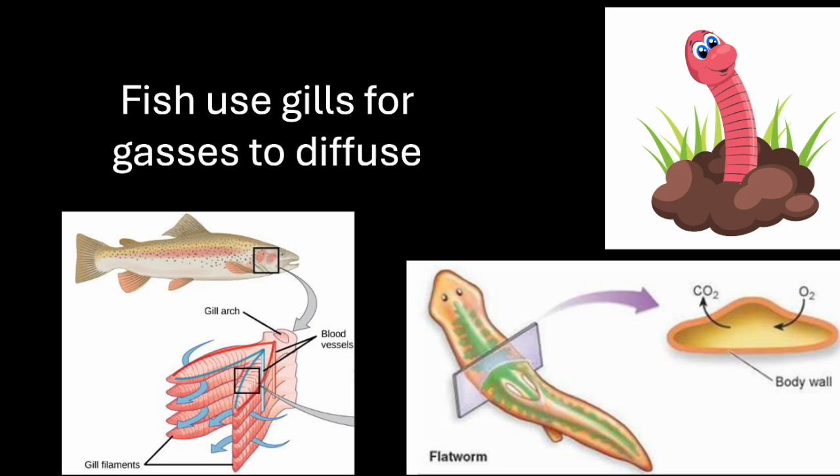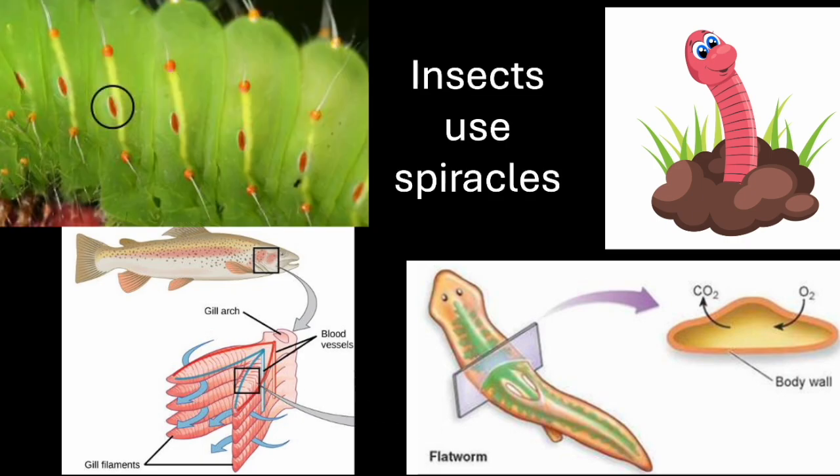Another example is fish. These use gills, which are areas where gas diffusion occurs. And my last example, insects use what we call spiracles. And these are, again, just little pore-like structures where they're able to exchange gas, releasing their internal CO2 and taking in oxygen from the environment.